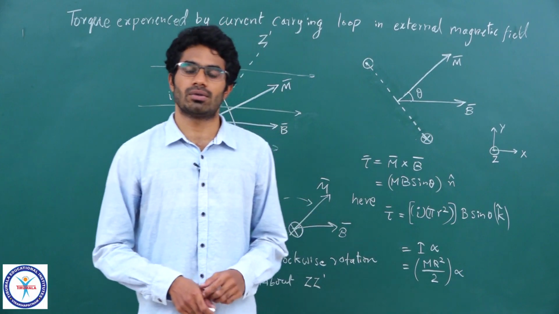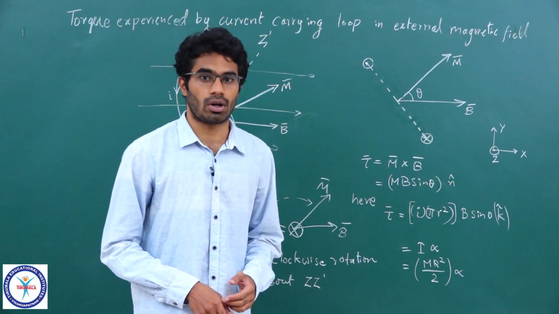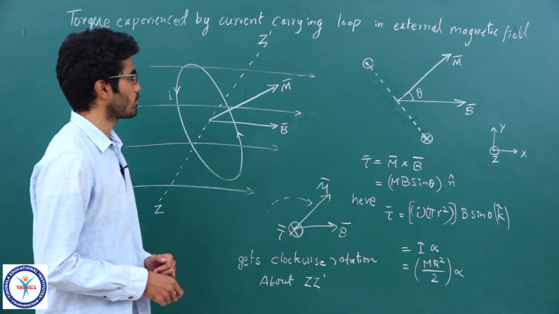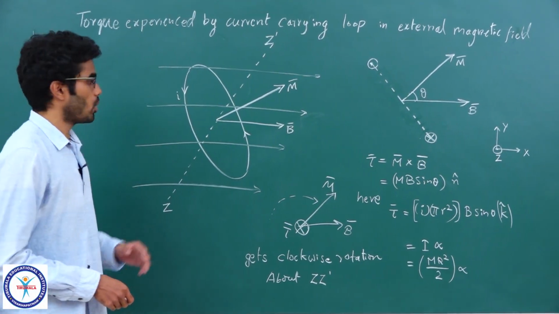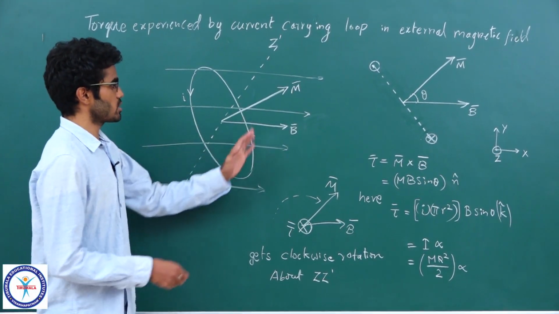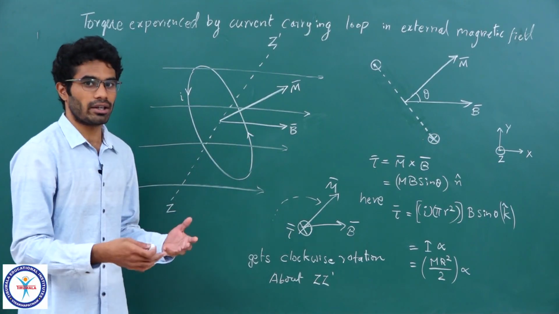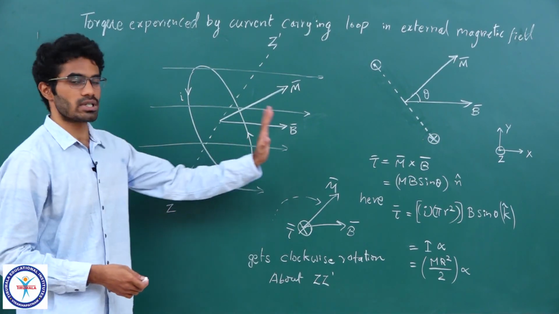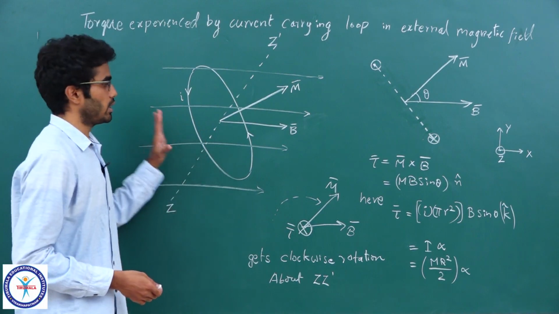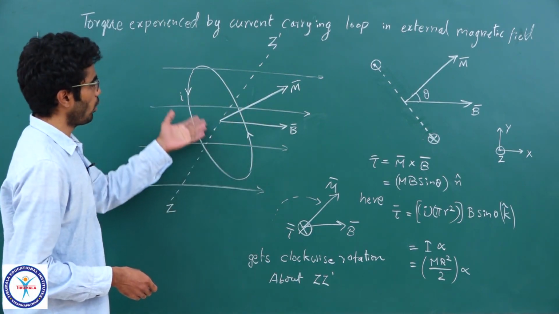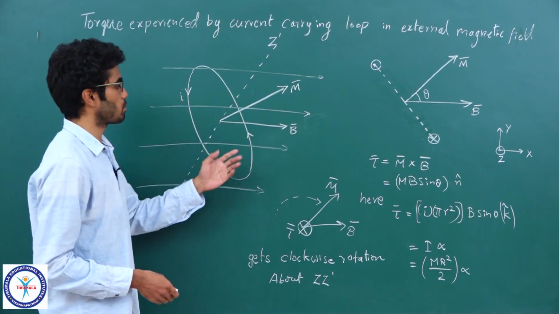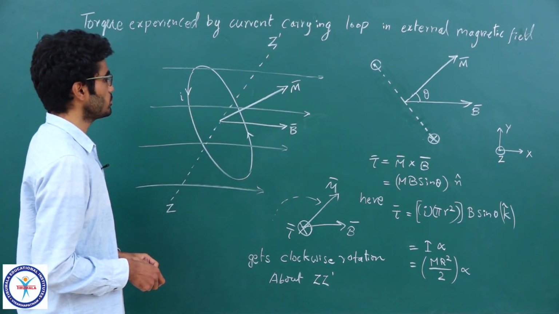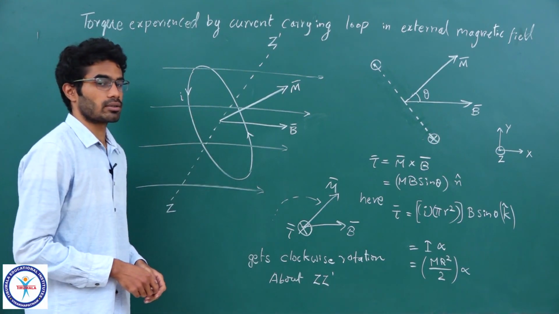So, let us see how such a current carrying loop experiences torque when placed in an external magnetic field. In this scenario, the horizontal magnetic field is shown with these arrows. The magnetic field is directed towards the right. Now, when a current carrying coil is placed in such a magnetic field, it experiences torque.